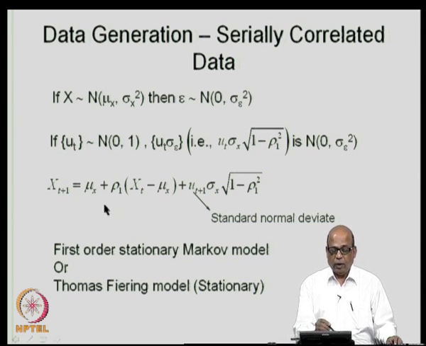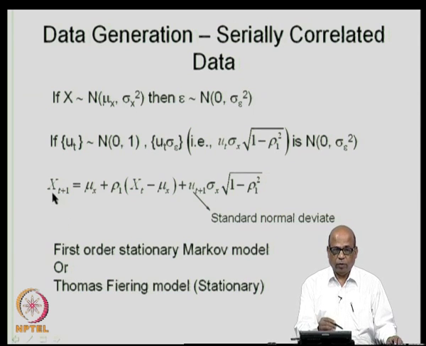Now, how do we generate values using this? From the historical observed data, you would have estimated mu x by your x bar. Then you can also calculate rho 1, which is the lag 1 correlation coefficient. So, mu x is known, similarly sigma x is known and rho 1 is known. We start the process by assuming a value of x t. Let us say you want to generate x 2 to kick start the process.